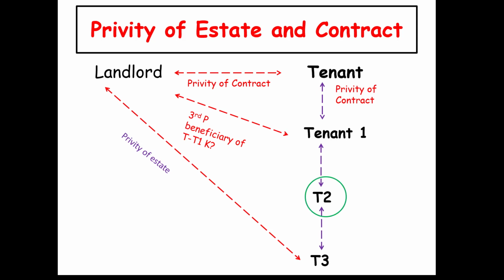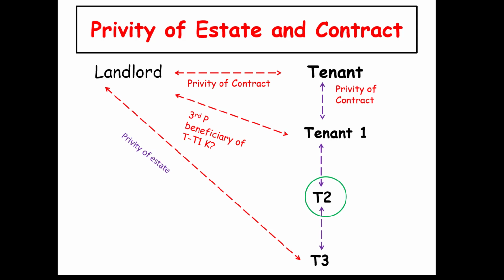T2, on the other hand, has no relationship with this landlord anymore and cannot be sued. There's no privity of estate and there's no privity of contract because there's nothing in the assignment between tenant one and tenant two that says, I hereby assume the duties in the prior lease. Okay, so this is the kind of puzzle that it's important to work out to figure out who owes what duty to whom in a series like this of assignments.